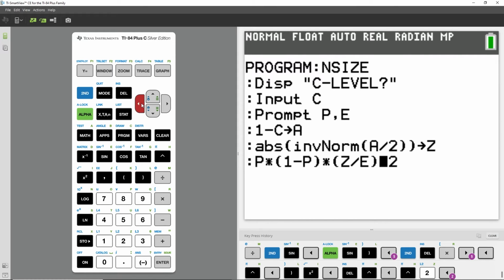So yeah, we will, and of course we'll test the program out.